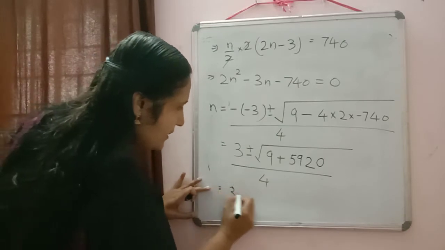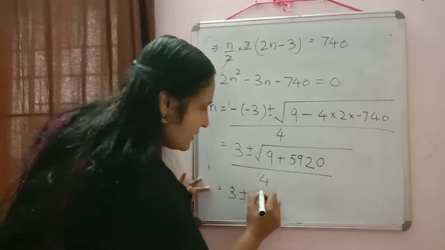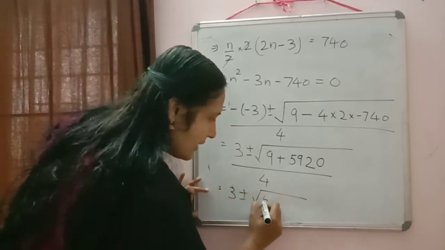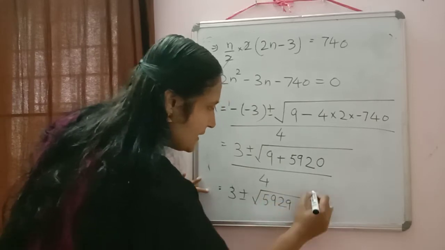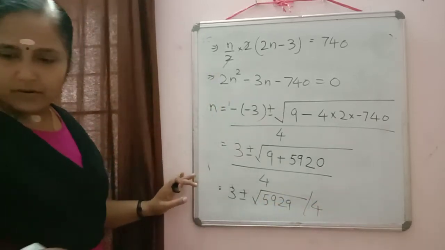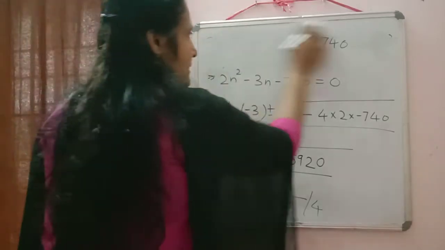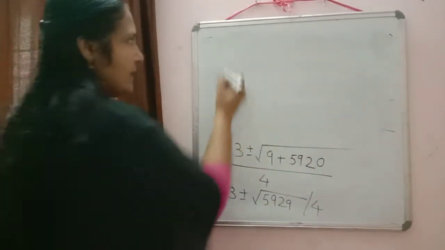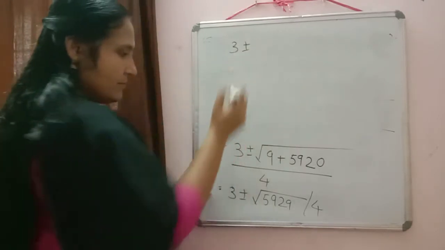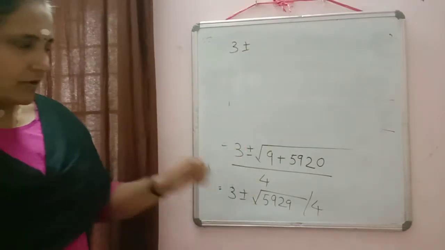So it will be equal to 3 plus or minus square root of 5929 by 4. Now we have to check what will be the square root of 5929.